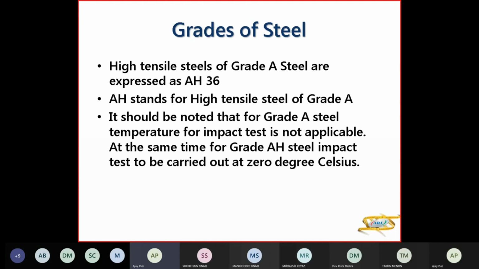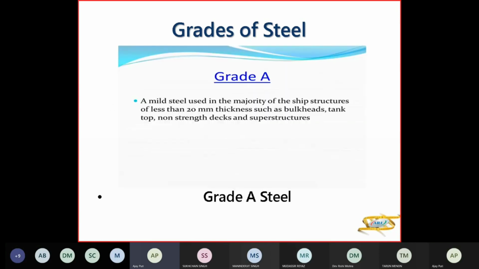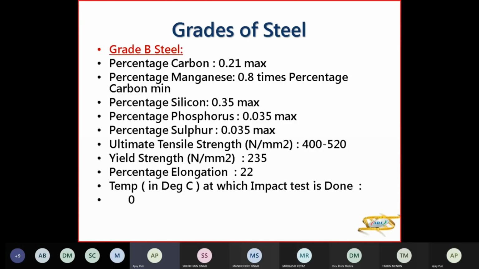And grade AH में impact test is done at 0 degree Celsius. A में नहीं होगा, AH में impact test होगा at 0 degree Celsius. So that is mild steel used for ship structures less than 20 mm, like your bulkheads, tank top, non-strain decks and superstructure. That is grade A.